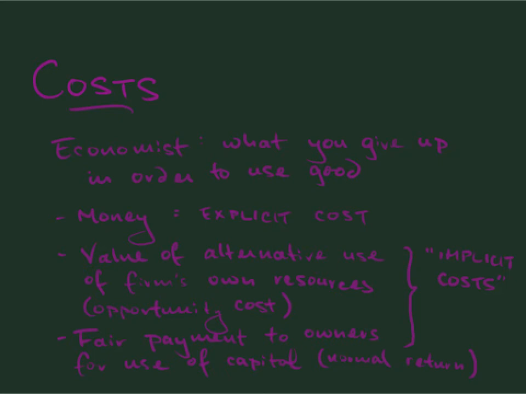Okay, so going to the firm, the costs of using inputs into production include the explicit costs, when the firm has to actually pay money in order to acquire some input. But also, costs include the value of the alternative use of some of the resources that the firm owns.